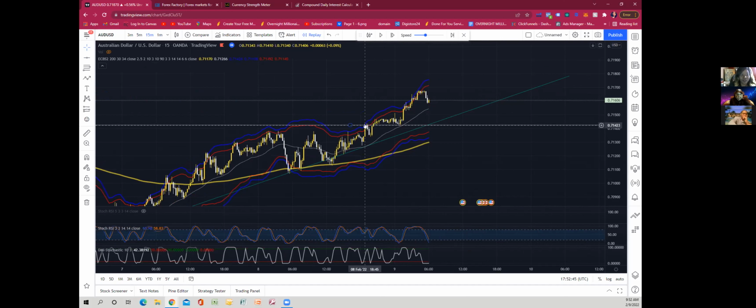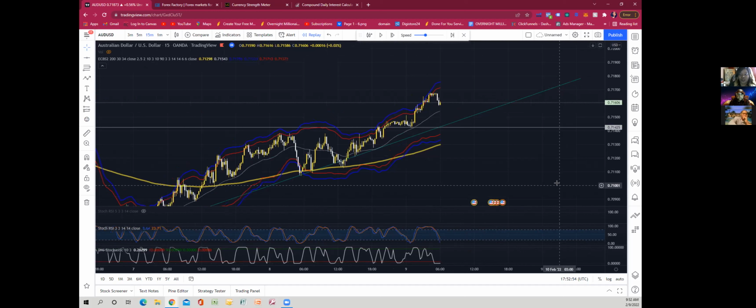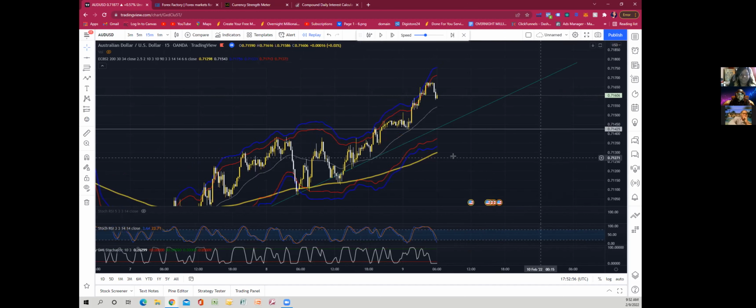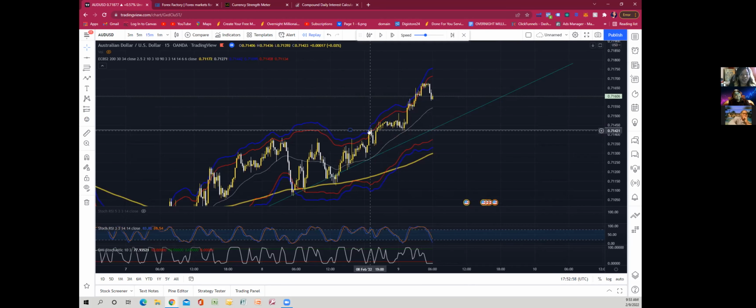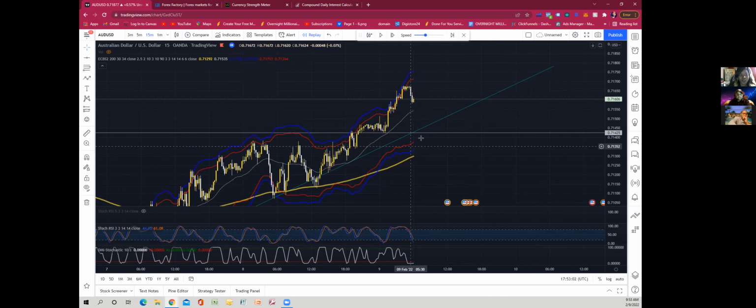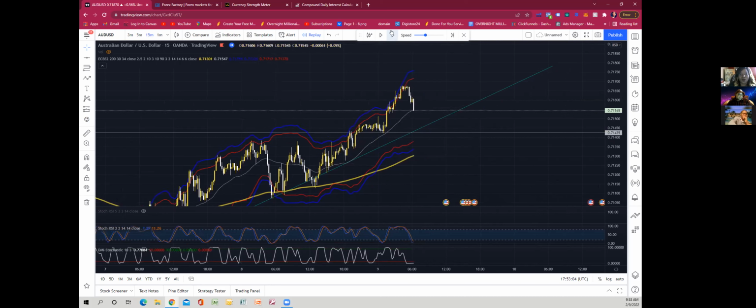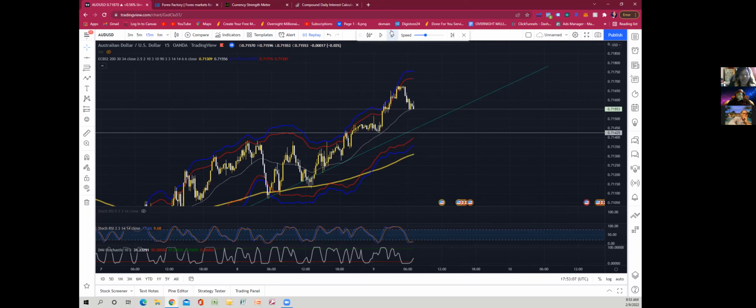Right here, resistance was resistance. It broke through and it made it support, because I'm going to repeat this over and over and beat it in your head that resistance turns into support.